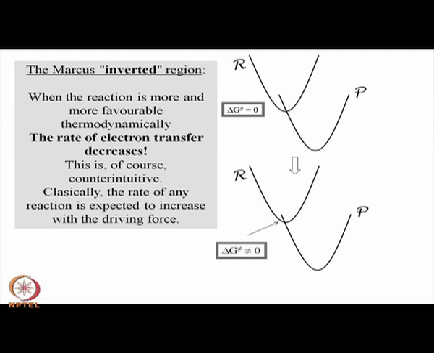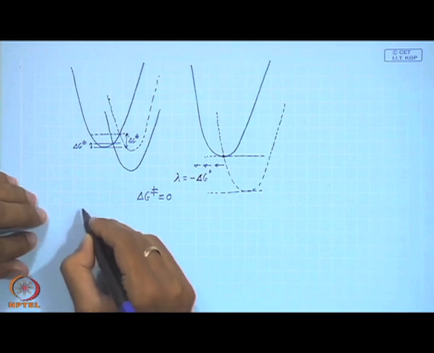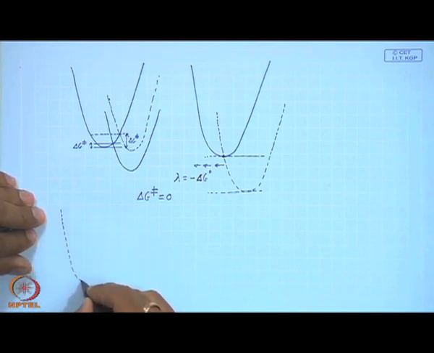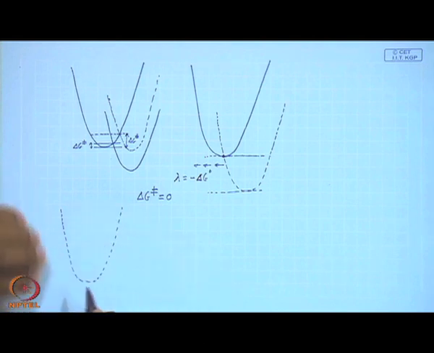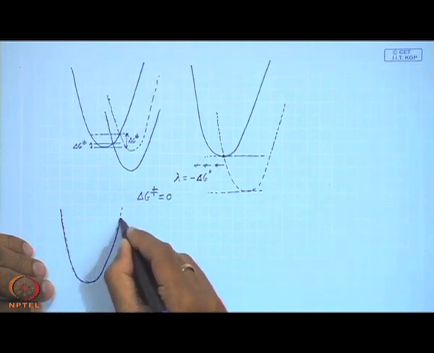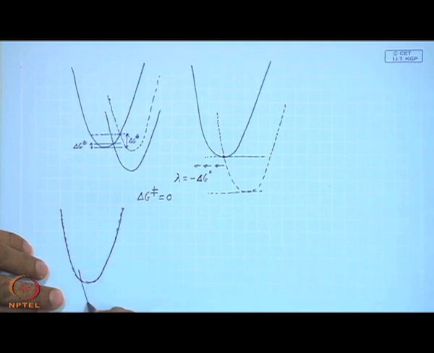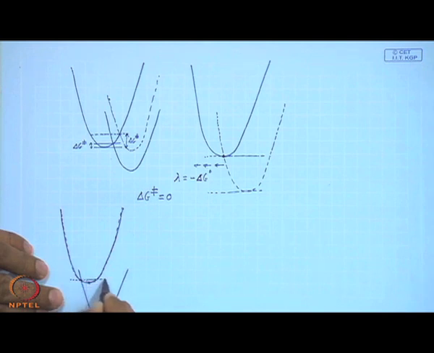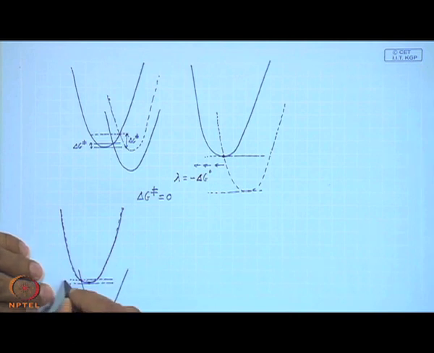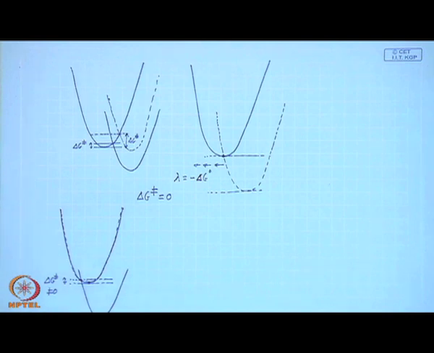Now, if we keep on doing this, so that it is progressively shifted in this direction, then another situation will come, that you have your second surface somewhere over here maybe, so that now, okay, this delta G double dagger is not equal to 0, it is very small, but still it is there.